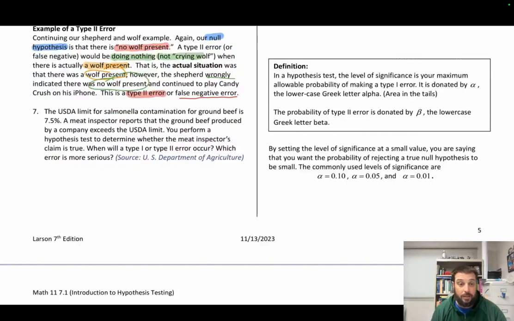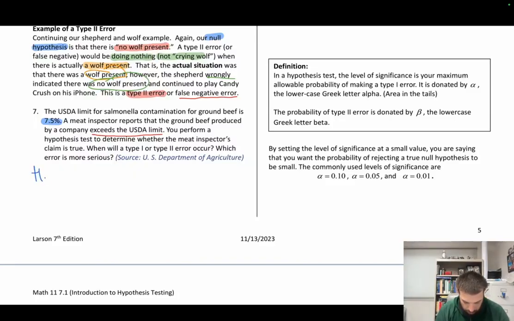All right, so when we go back and look, we see that salmonella contamination for ground beef is 7.5%, and that's the limit. And he is stating that the company exceeds the limit. So then we need to identify our null hypothesis and our alternative hypothesis.